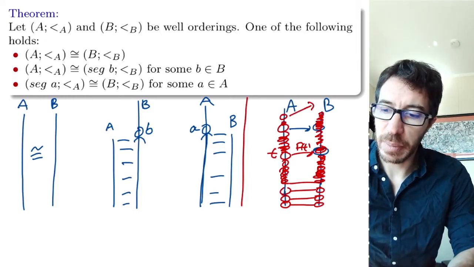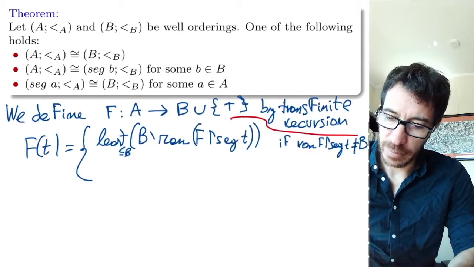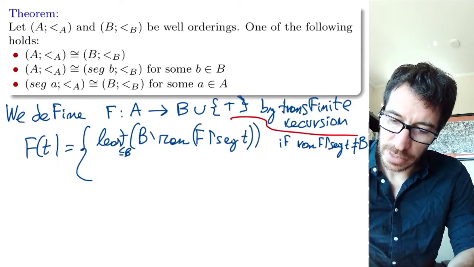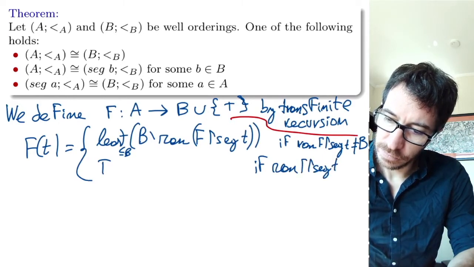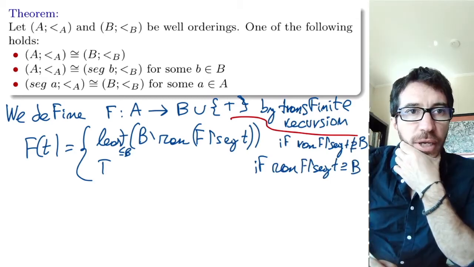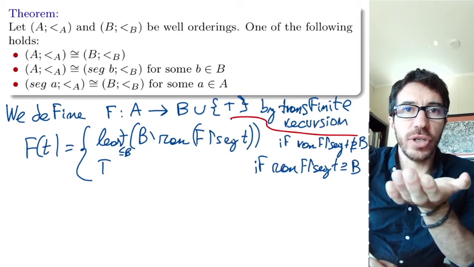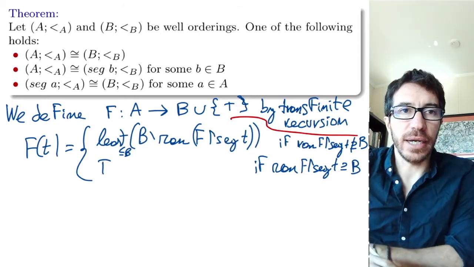In that case, we map it to this top element. Otherwise, we let it be t, if the range of f up to the segment of t contains all of B.